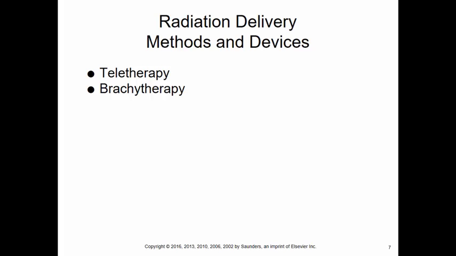Brachytherapy uses radioactive isotopes in either solid form or put into body fluids. If we're talking about liquid form, or radioactive isotopes going into body fluids, one example is radioactive iodine that might be swallowed to treat some thyroid cancers.